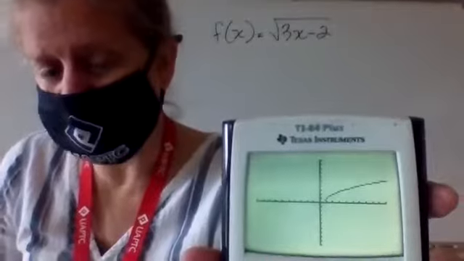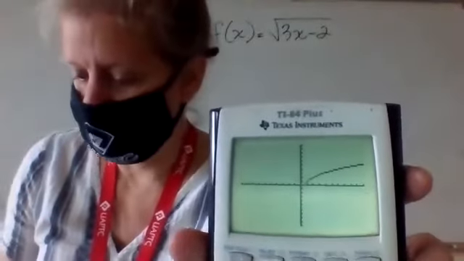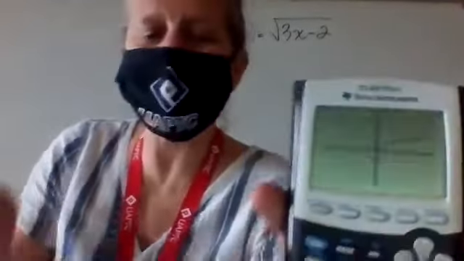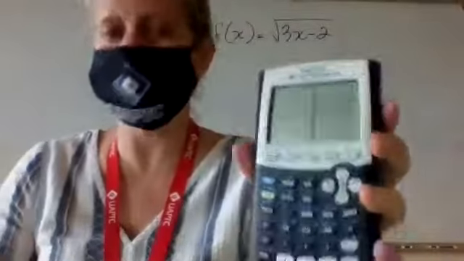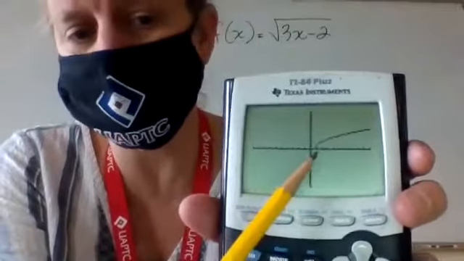Okay, so looking at the shape of that, I could knock out A and D, right? A is going the wrong way and D is a line instead of a square root shape. But look at B and C. They are very similar. What you're going to look for, look where this one starts.